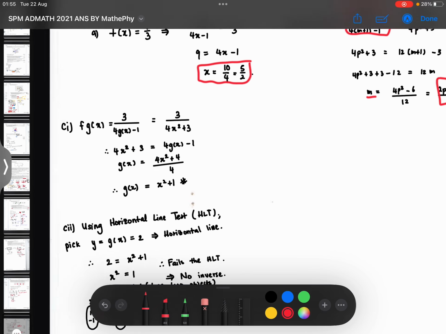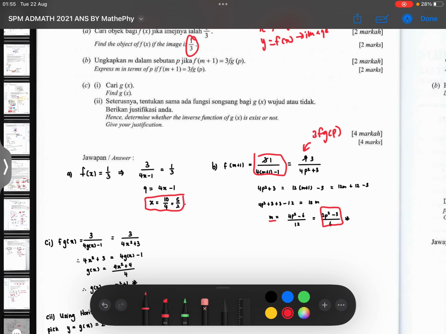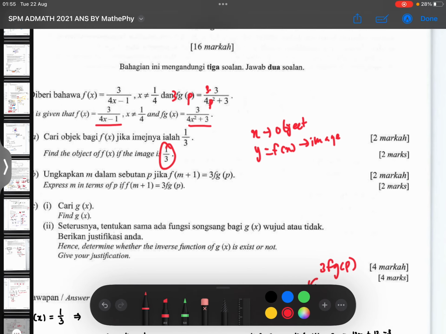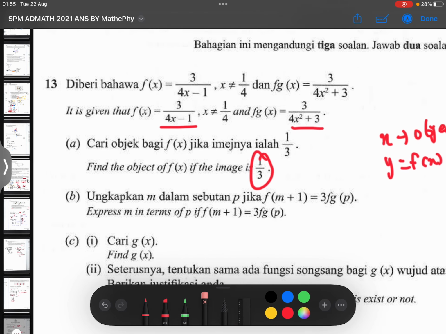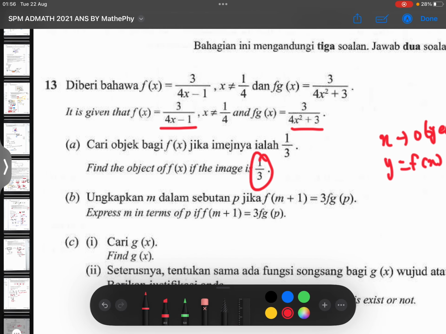Alright. For question C1, find g(x). Because I know g(x) is the inner function of fg(x), I can assume g(x) exists first, because this g(x) I put inside the f function.